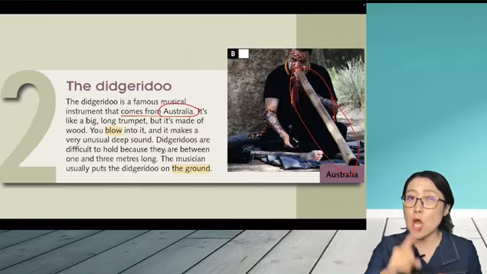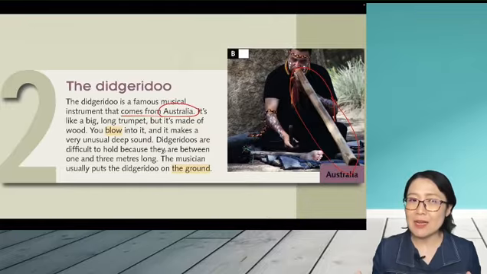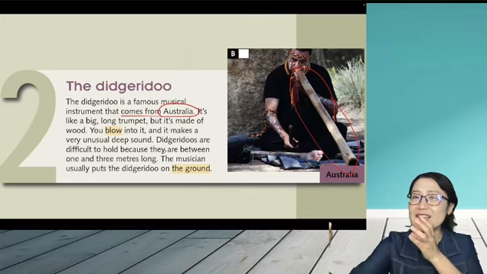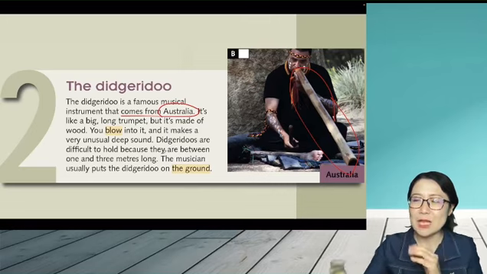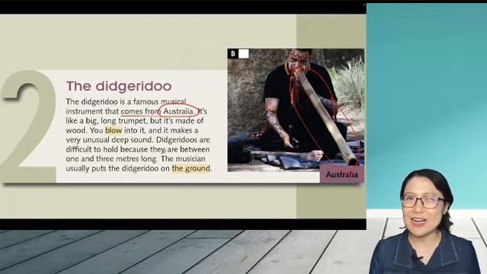Because they are between 1 and 3 meters long. 因为它们呢是在1米到3米之间。So I think it's too big, right? The musician usually puts the didgeridoo on the ground. 所以呢 musician 这些音乐家通常都会怎么样 puts the didgeridoo on the ground 把它放在地上来去演奏, right? Because they cannot hold it like this. It's too long, right? So they just put it on the ground. Okay, and that's it for number 2.